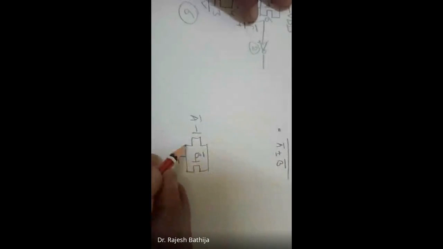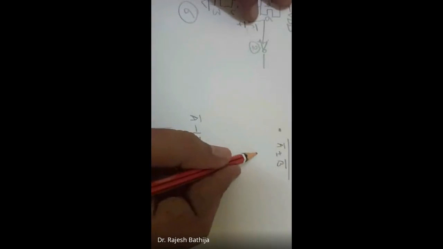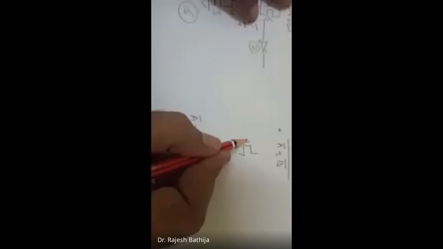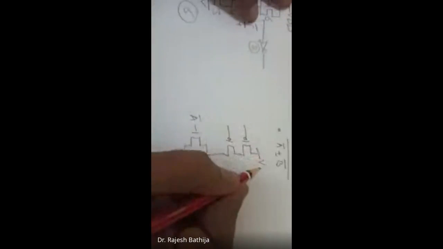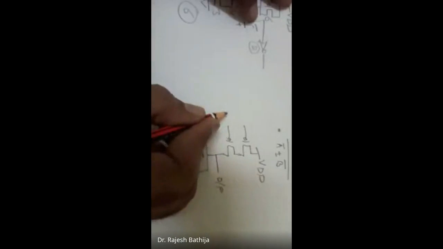And A dot B, the dual of this, will be over here. It is a series connection, so we put it over here. Here this will be the output. So this is A dash, B dash.